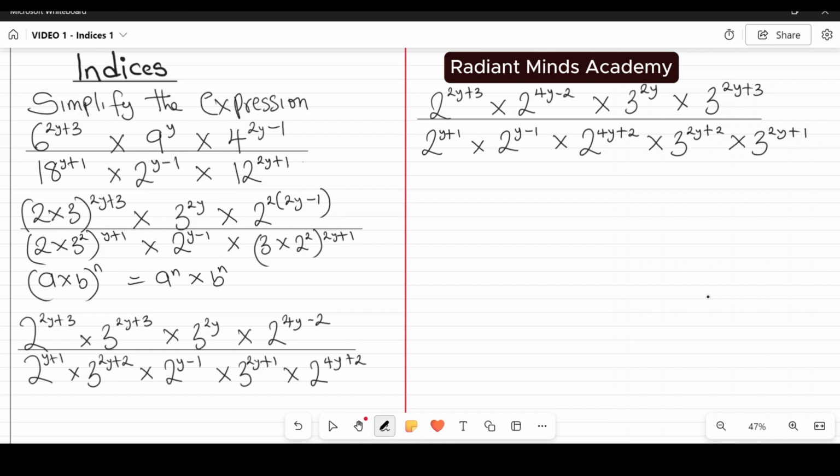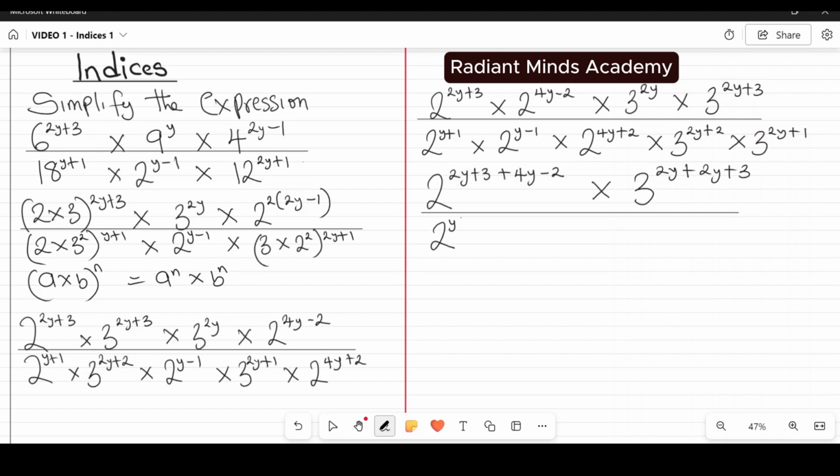If we apply the law, we have 2 raised to the power of 2y plus 3 plus 4y minus 2 times 3 raised to the power of 2y plus 2y plus 3, all divided by 2 raised to the power of y plus 1 plus y minus 1 plus 4y plus 2 times 3 raised to the power of 2y plus 2 plus 2y plus 1.